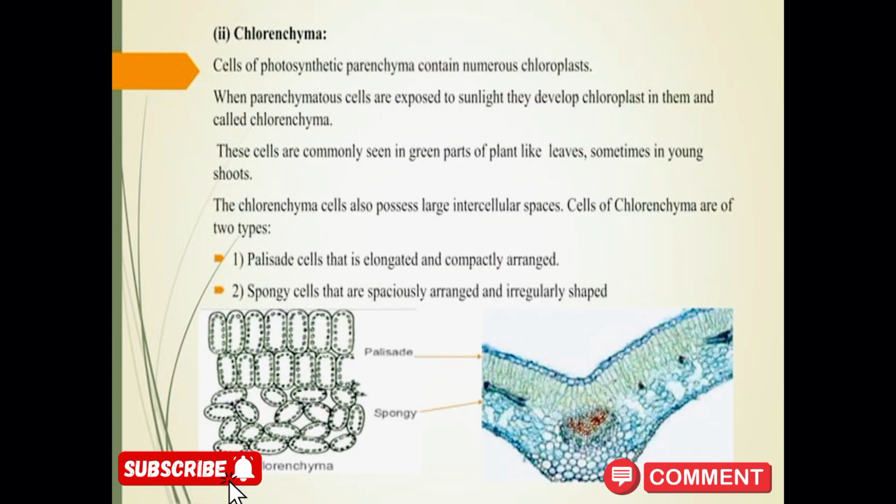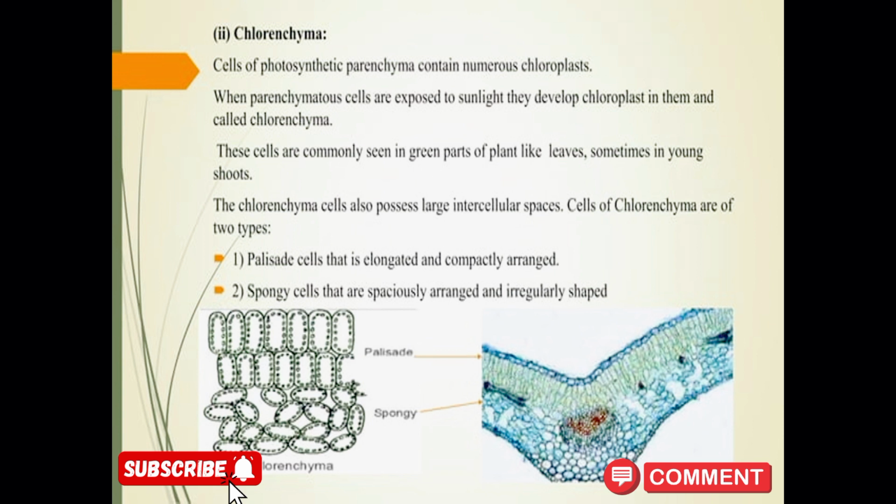Then what is chlorenchyma? This is also a type of parenchymatous tissue in which a large number of chloroplasts are present, and it performs the function of photosynthesis, preparing its own food in the presence of sunlight and enzyme. Such parenchymatous living cells are known as chlorenchyma. Chlorenchyma is mostly present in green parts, especially in the leaves, and is divided into two types: palisade cells and spongy cells.